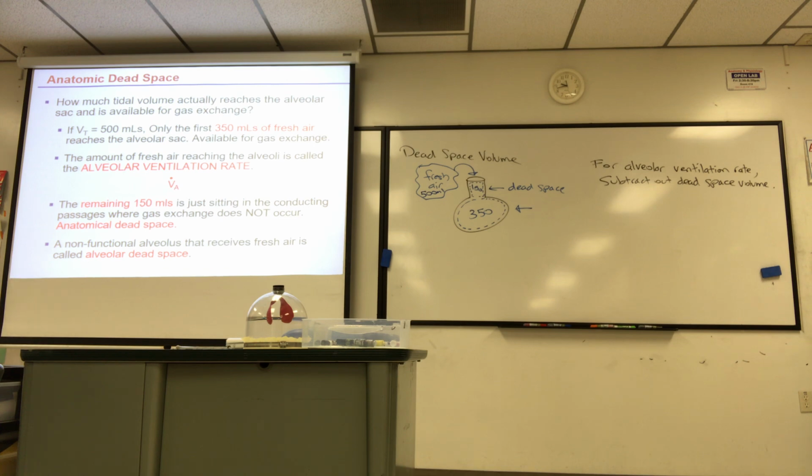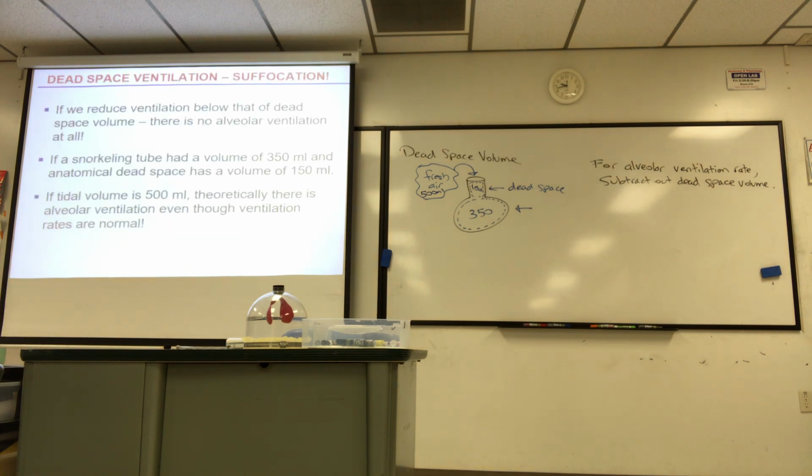Well, what you could do is think about it this way. Dead space becomes real in suffocation. If we reduce the ventilation below that of dead space volume, there's no alveolar ventilation at all. Say, for example, you have a large snorkeling tube that has a volume of 350, and your actual anatomy is another 150.